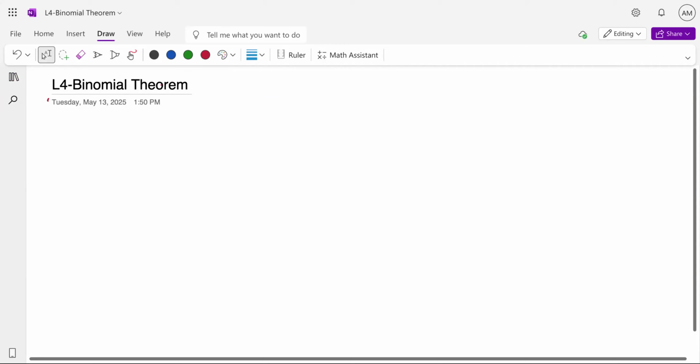Okay, so basically this chapter is all about computation of higher order powers.